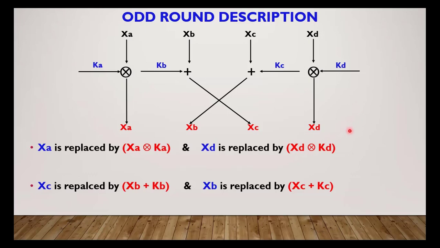Okay, for more description of the reversal of this first round, you can refer to Charlie Kaufman and Mike Spencer's book on network security, because I have taken this lecture from that book. So this round, that is the odd round, can be reversed, can be decrypted by just taking the multiplicative inverse of the keys.